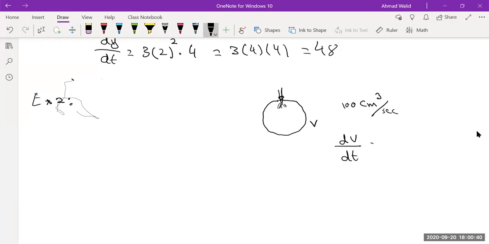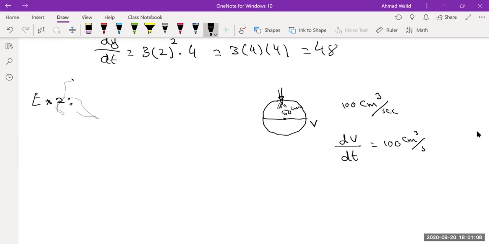The rate of change is given to you, 100 centimeter cube per second. How fast is the radius of the balloon increasing when the diameter is 50? This is the diameter of your balloon, right? It's given as 50 centimeters.